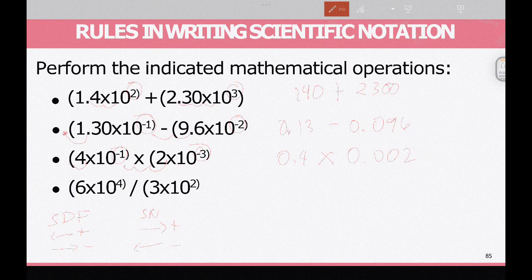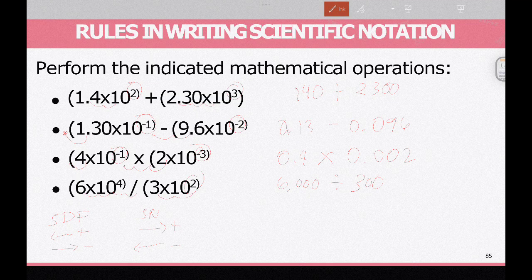Next, 4, we move it 4 times, so 1, 2, 3, 4, that will be 6,000, divided by, so we have positive 2, so we move it 2, so 1, 2, 300. Okay, so as you convert into a standard form, this time you compute.